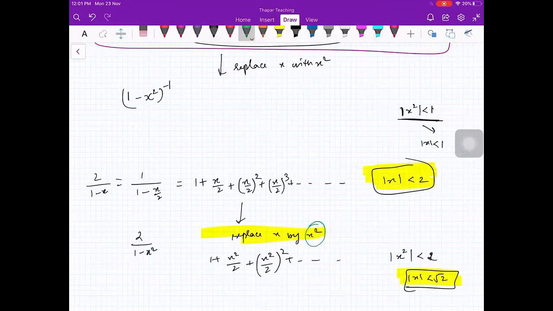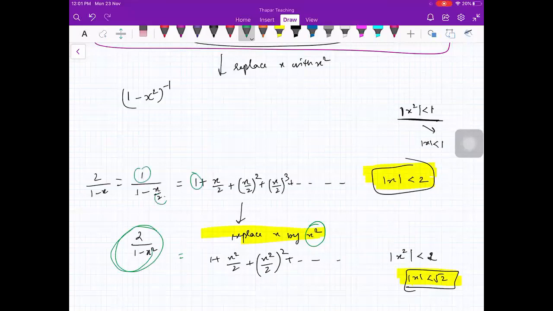Ma'am, where you wrote 2 upon 1 minus x, after the equal to, shouldn't it be 1 upon 1 by 2? Here you are saying, ma'am, above it, a upon 1 minus r.